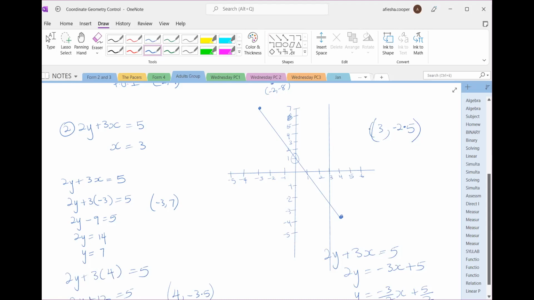They have it as 3, -2, right? So we're close. 3, -2.